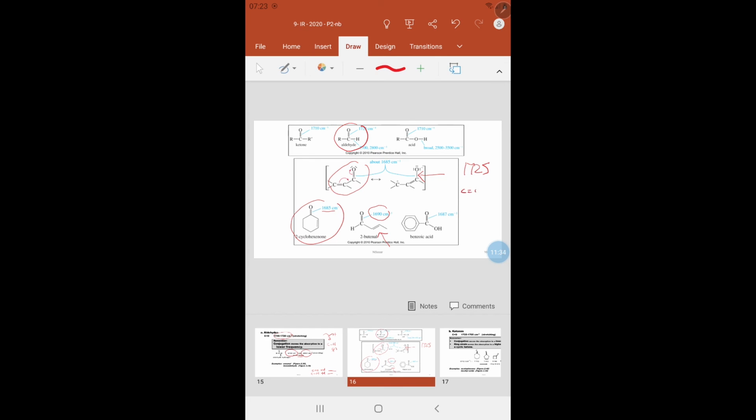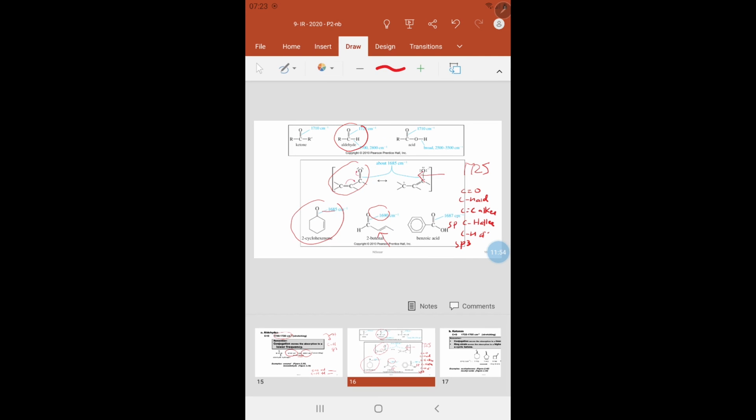So you have C double bond O, you have CH aldehyde, you have C double bond C alkene, and you have CH alkene, and you have CH sp3. CH alkene is CH sp2. See, when you have additional bonds from your structure, you need to list down everything.